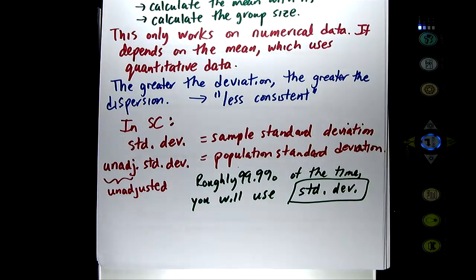In fact, when we look at it, I'll show you unadjusted standard deviation is at the bottom of the list. They want you to click on it by accident because it changes the result. It doesn't change it by a lot, and I'll show you, but it changes it by enough that they don't like it.